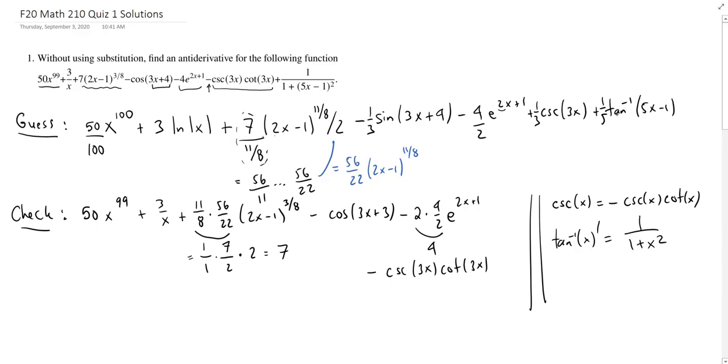And then finally, we take the derivative of the arctangent of 5x minus 1. There's a 1/5 out front. The arctangent derivative would give you 1 over 1 plus x squared. In this case, the x is 5x minus 1, so 5x minus 1 squared. There's a 1/5, but you have to multiply by the derivative of 5x minus 1. Again, chain rule, and those will cancel. And everything seems to have worked out fine this time.